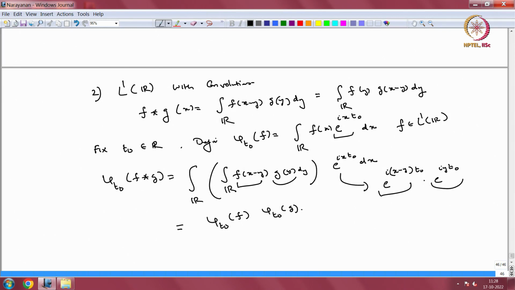So, this is called the Fourier transform. If you know what the Fourier transform is, this is something you would have seen earlier.